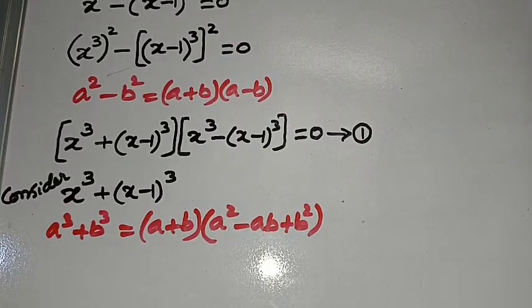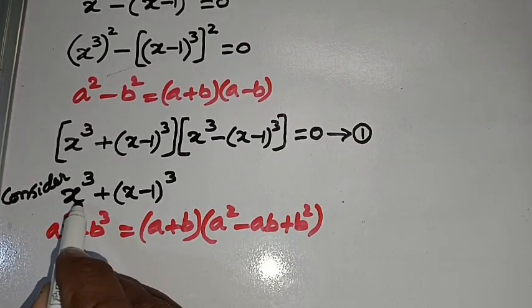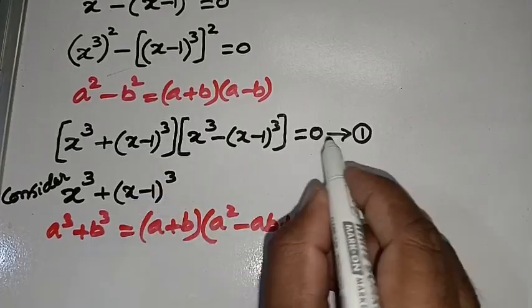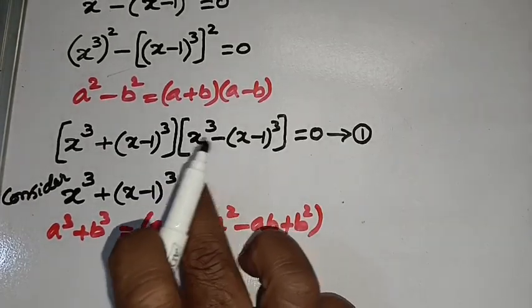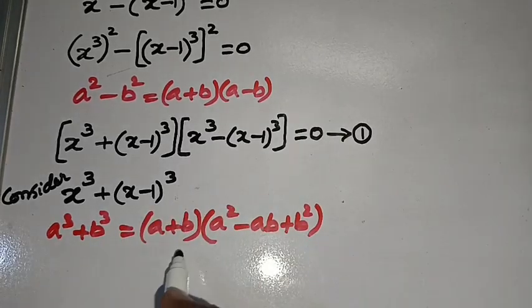So using this identity, suppose this is 0, or even just I factorize it using this formula.